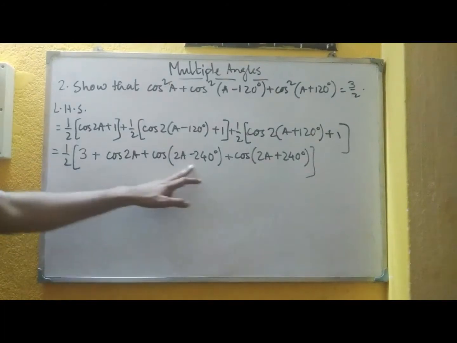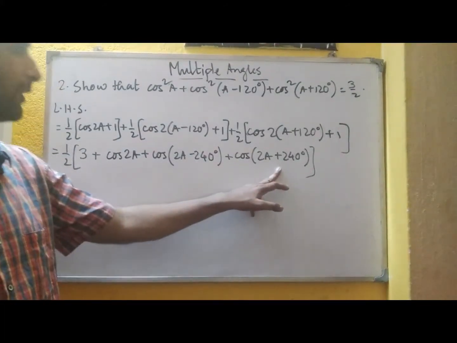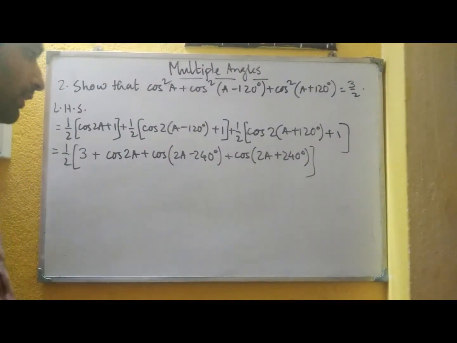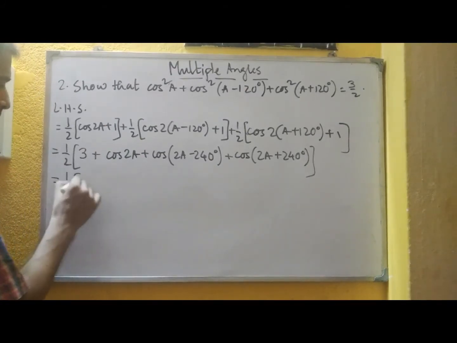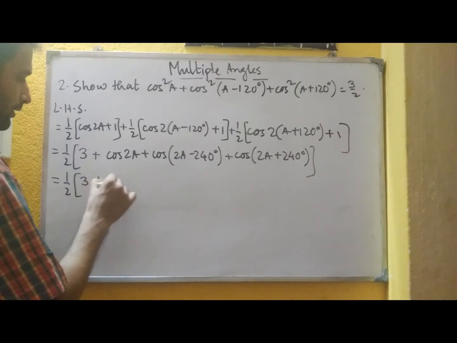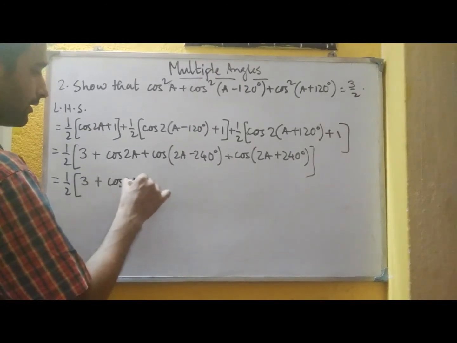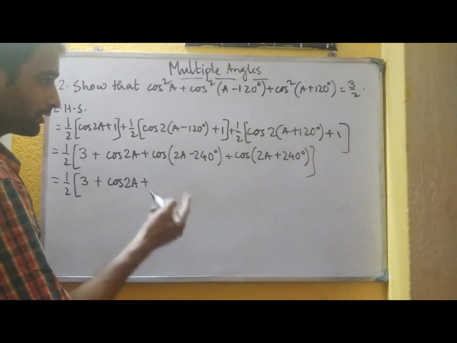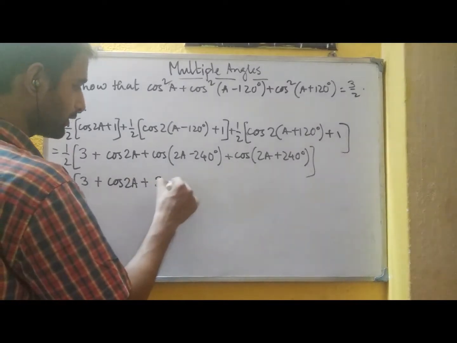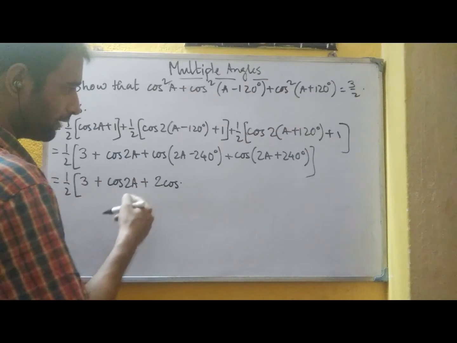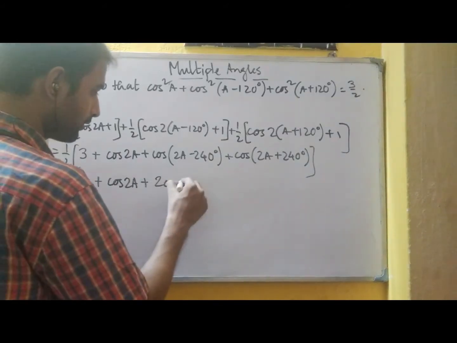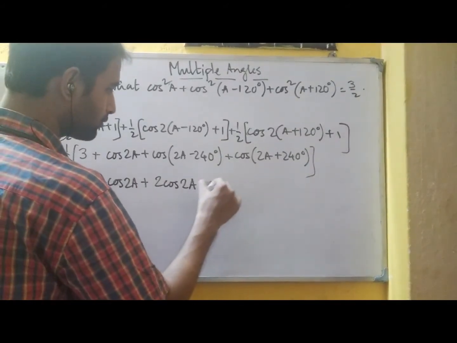Now see, there is a formula of cos a plus b plus cos a minus b in the transformation formulas. So we can write it like this, applying the formula of transformation. Cos a plus b plus cos a minus b means it is 2 cos a cos b. So here one angle is 2a and one angle is 240 degree. So we can write cos 2a cos 240.